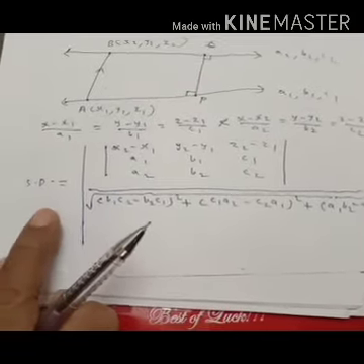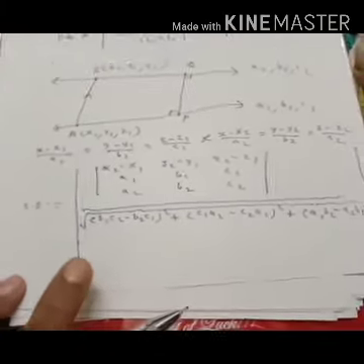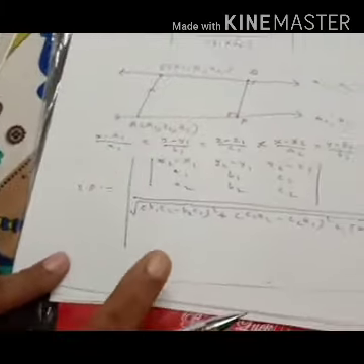If the lines are intersecting, it means that the shortest distance is 0.